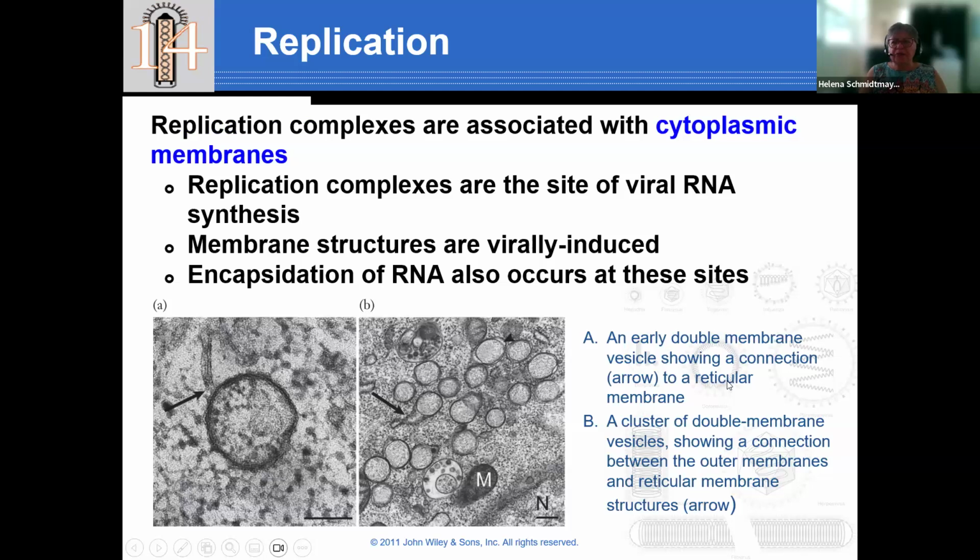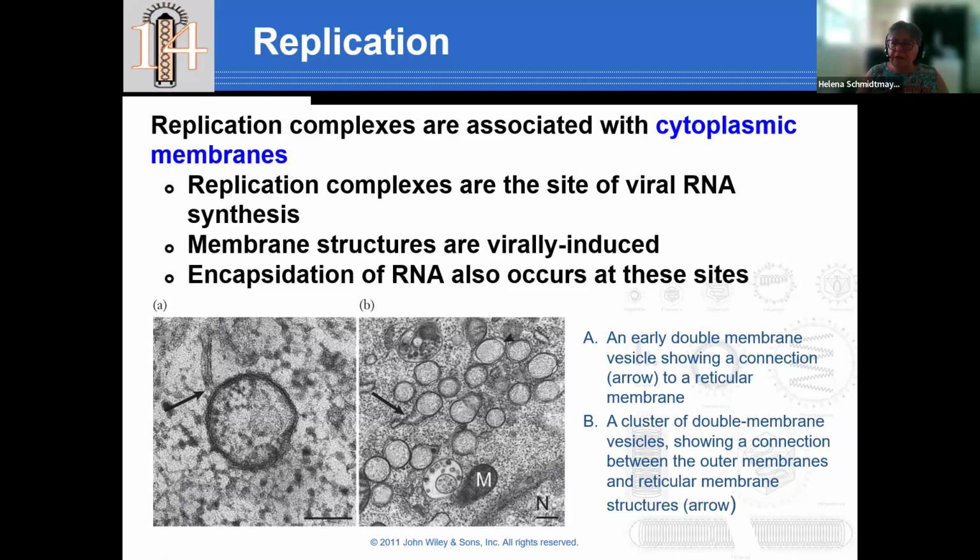The replication also happens on the cytoplasmic membranes. Coronaviruses, like other viruses, trigger reorganization of the vesicles and membranes. Basically, these membrane structures induced by the virus serve as a docking site where replication happens.